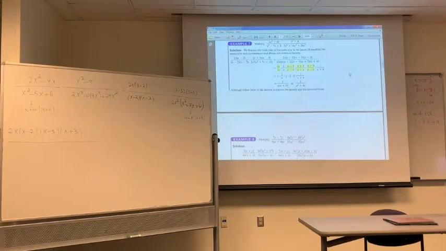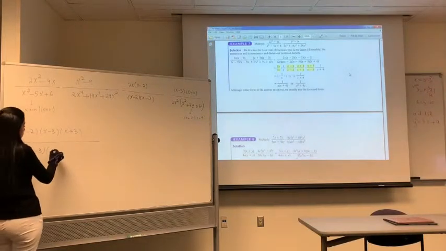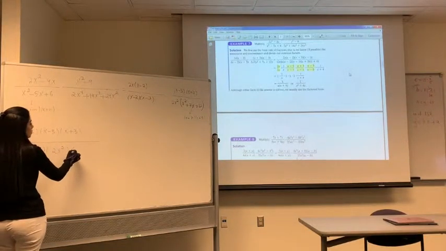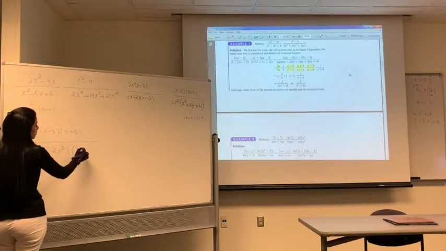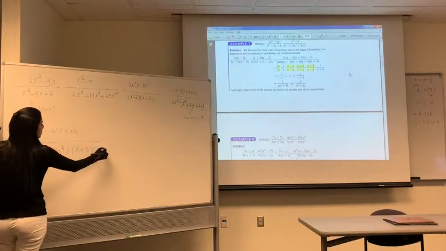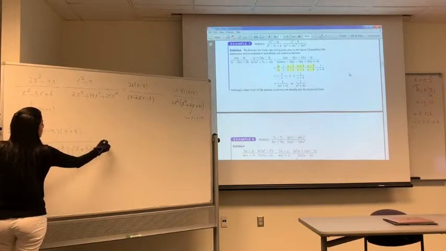Correct? These are all the numerators we have. We multiply all of them together. Now, the denominator is x minus 2, x minus 3, 2x to the power 2, x plus 3, x plus 4.